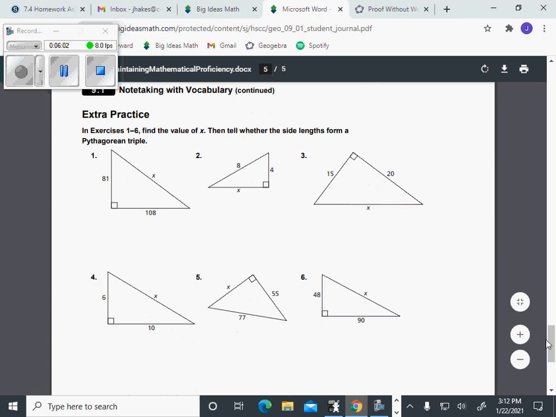Down here, we're going to find the value of x and tell whether the side lengths form a Pythagorean triple. Okay, so right here, we're going to say 81 squared plus 108 squared equals x squared.